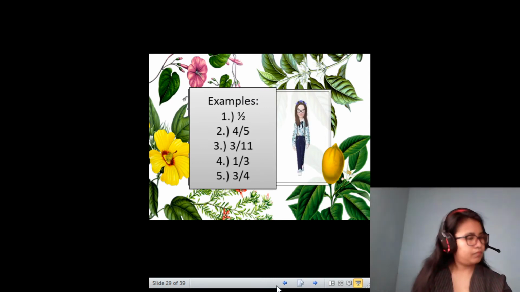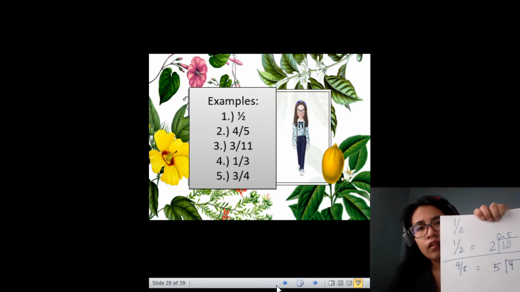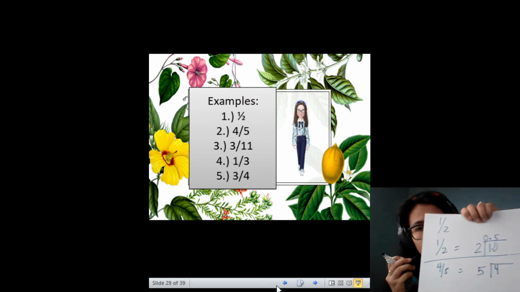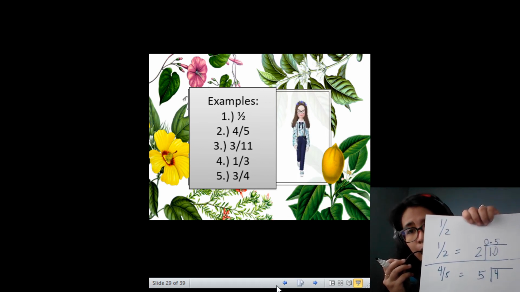Let us move to our 4/5. As you can see, it is the same. 4 cannot be divided easily by 5, so you need to add a decimal point and 0.